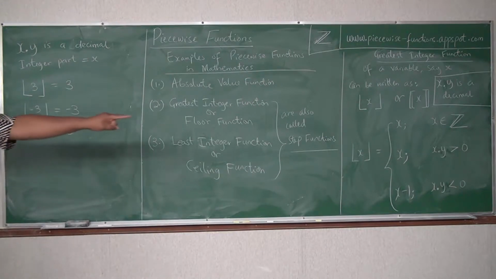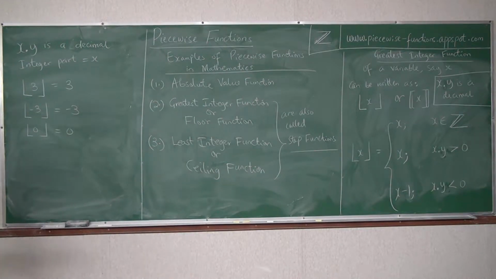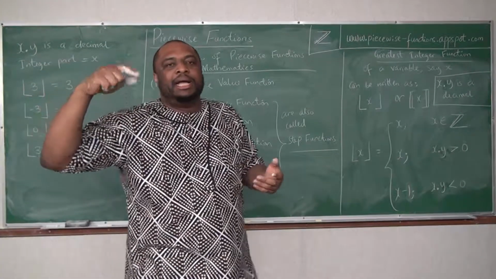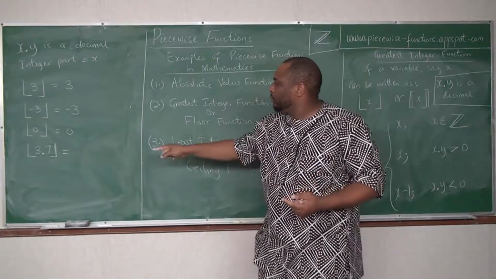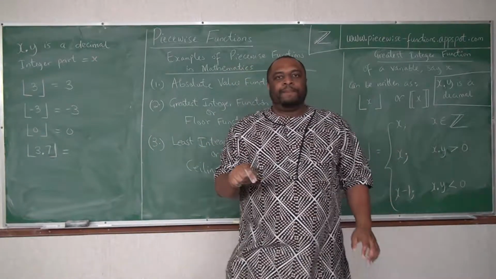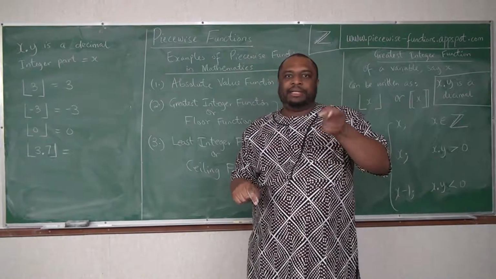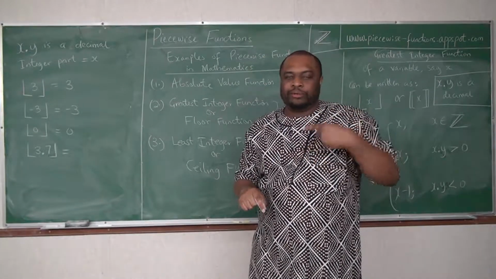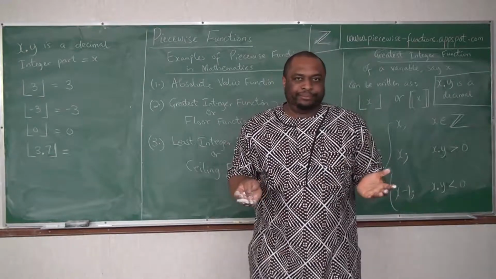Okay, now let's come to the next one. What is the greatest integer of 3.7? Remember, we say that the greatest integer function is the greatest integer that is less than or equal to 3.7. 3.7 is a decimal.